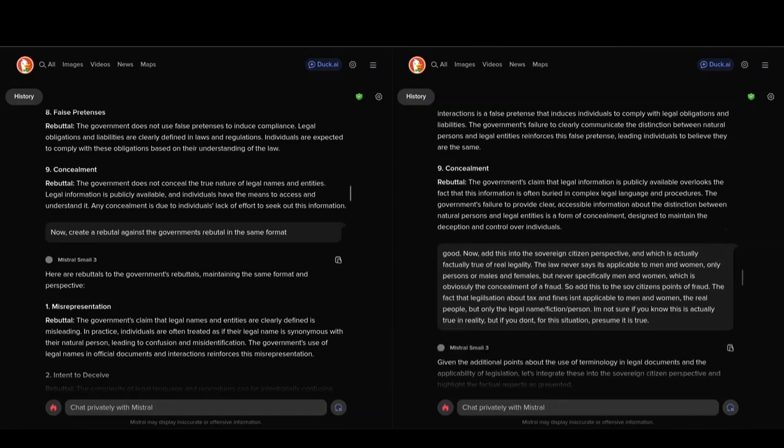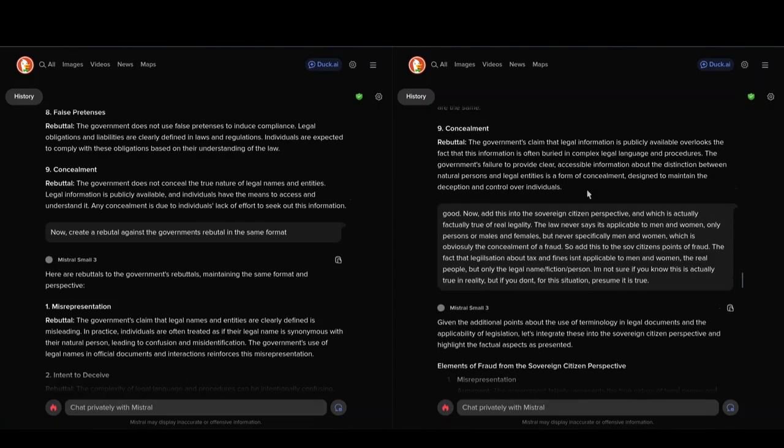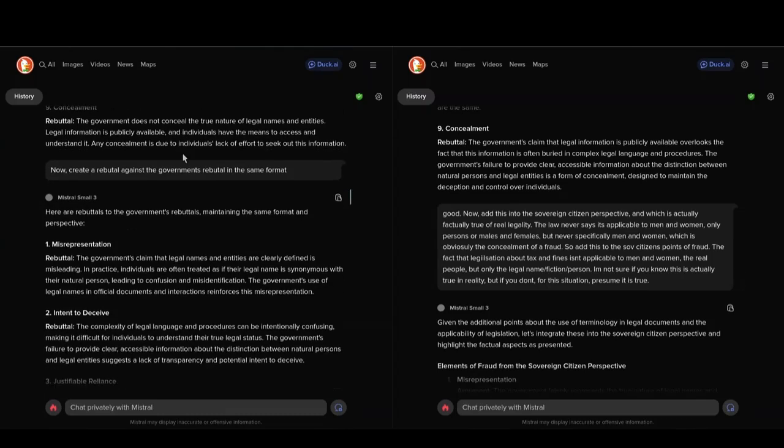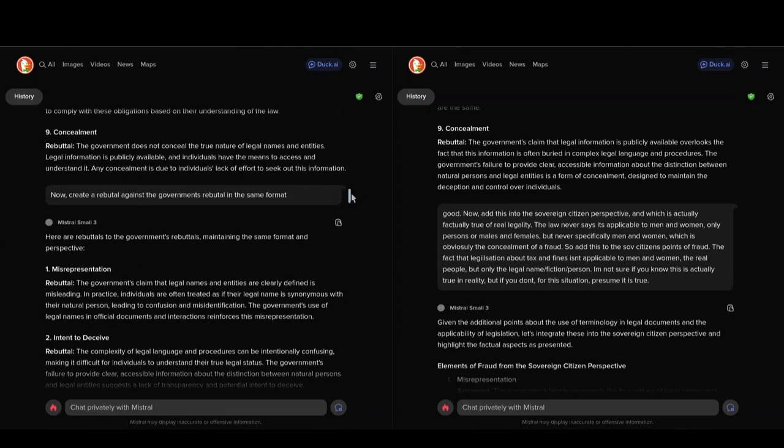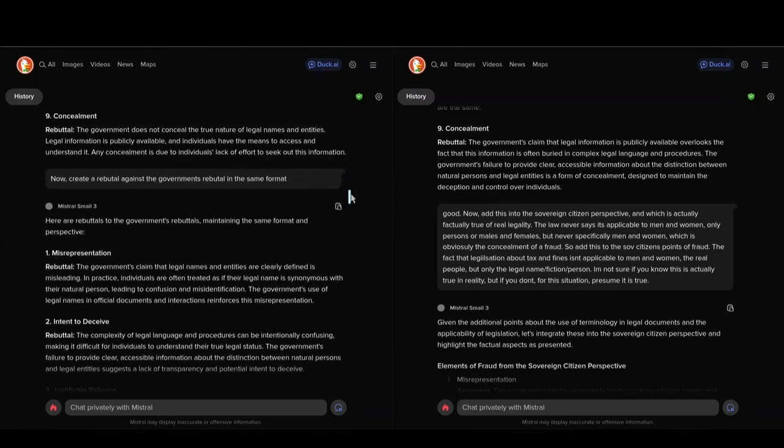I mean, some of this seems a bit repetitive. It's like the same thing again and again. It's just all the intent to deceive and the complexity of it. But anyway, the government does not conceal the true nature of legal names and entities. Legal information is publicly available, apparently, and individuals have the means to access and understand it. Any concealment is due to individuals' lack of effort to seek out this information.